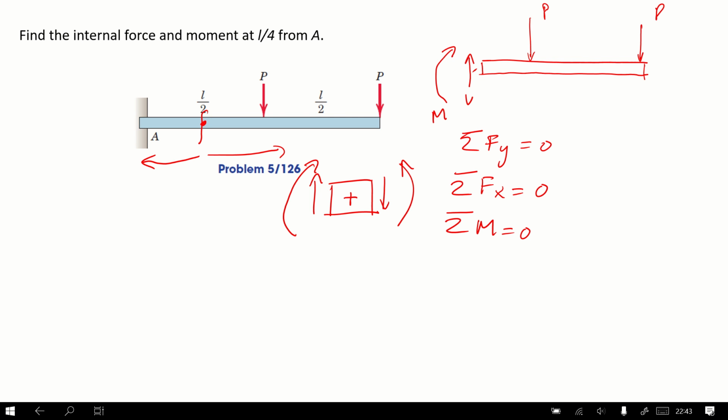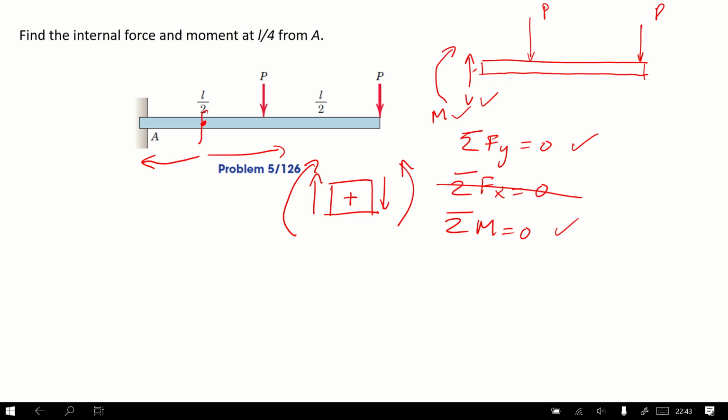But unfortunately, for this particular case, there is no horizontal force, so we will not be able to use that equation. That's why we only have two equations here. But fortunately, the unknowns are only two: the first is V, the second is M.